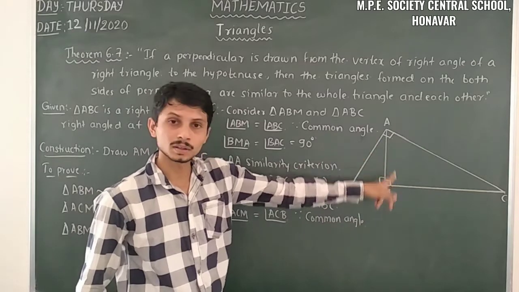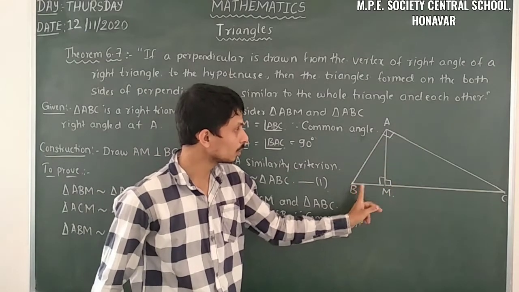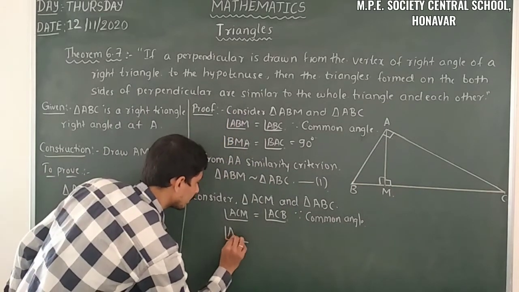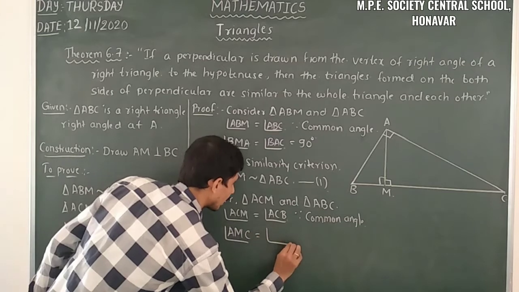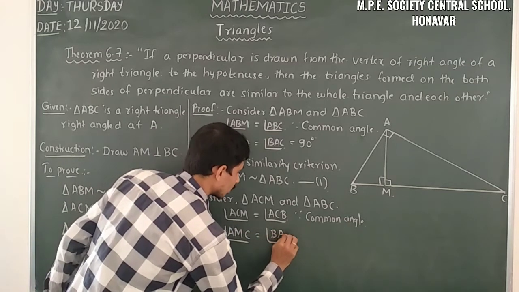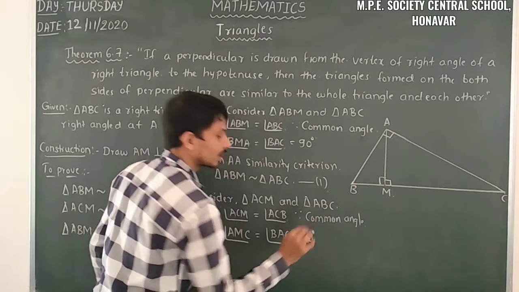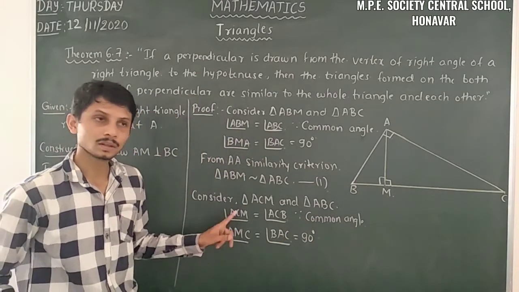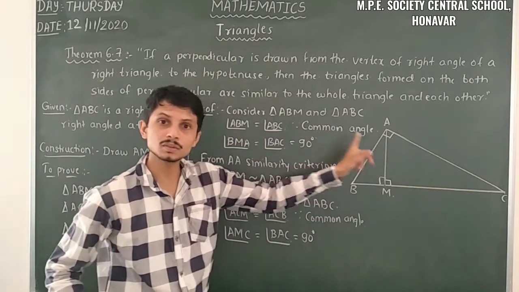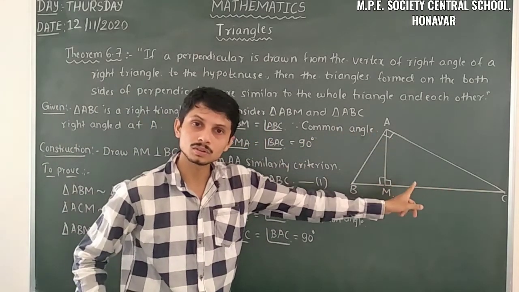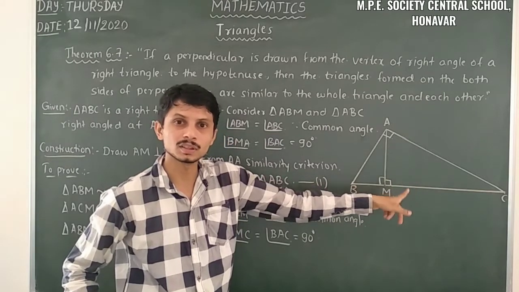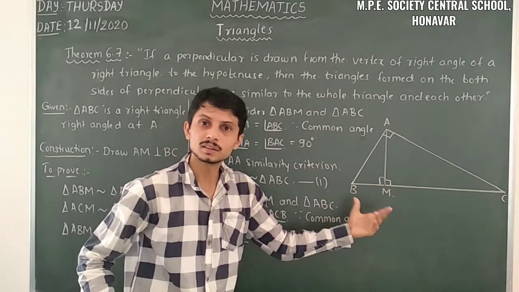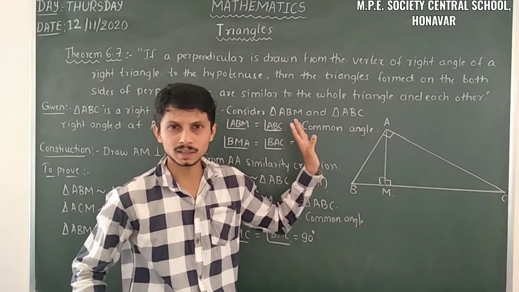Angle AMC is equal to angle BAC is equal to 90 degrees, corresponding parts of those two triangles. Also we have AC is equal to AC, the common side for both the triangles. But the other sides are impossible, so you can neglect that one.